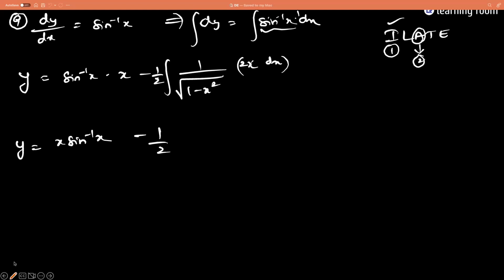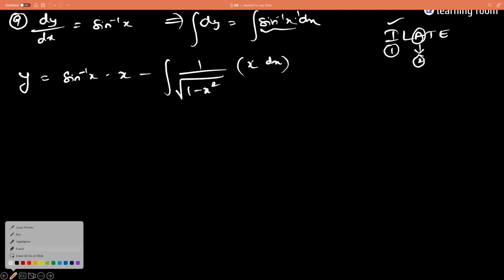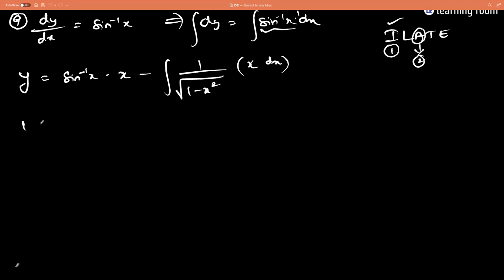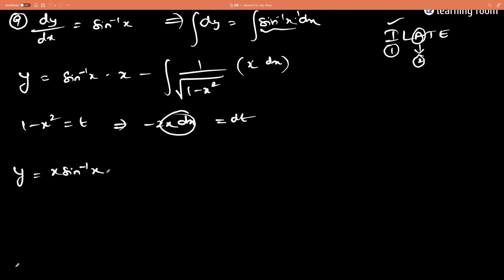Or okay, I'll do one thing. I will put 1 minus x square is equal to t, which implies minus 2x dx is equal to dt, or x dx will be equal to minus dt by 2. So y is equal to x sine inverse x minus integral of dt by 2 root t.